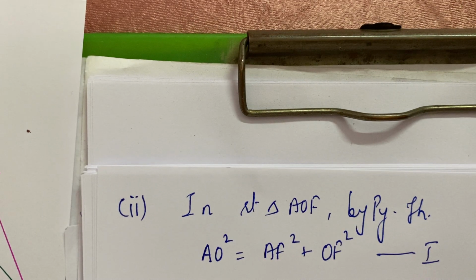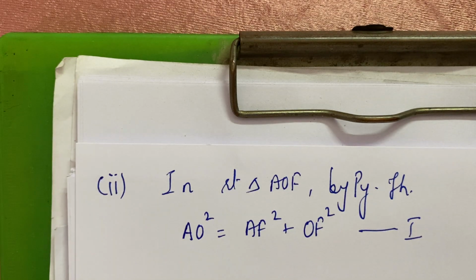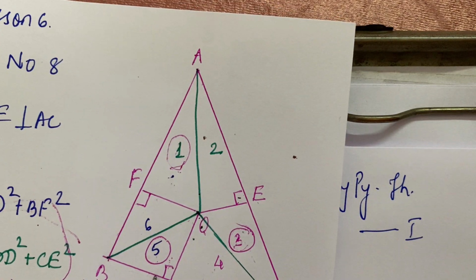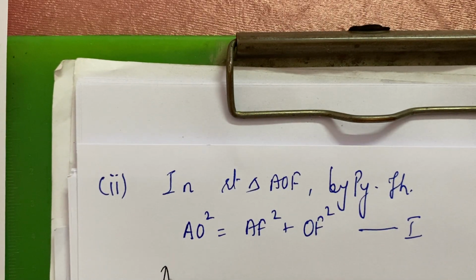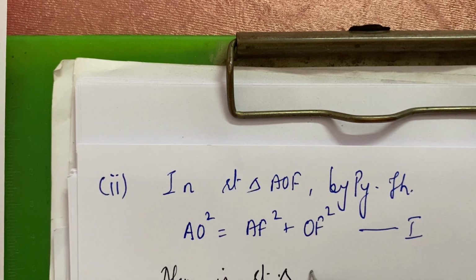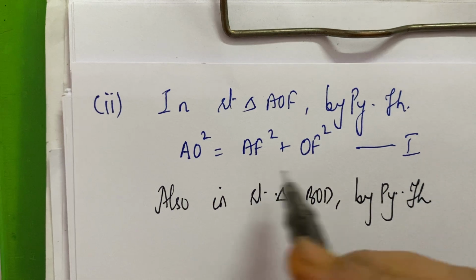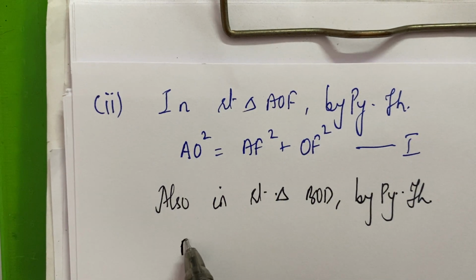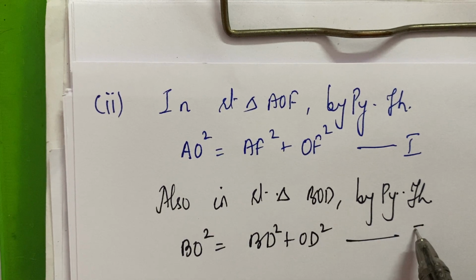Okay, come to the second one now. Second triangle, we said we will have to take triangle 5, BD square we need. So also in right triangle BOD, again by Pythagoras theorem, you will get BO square is equal to BD square plus OD square. This is your 2.